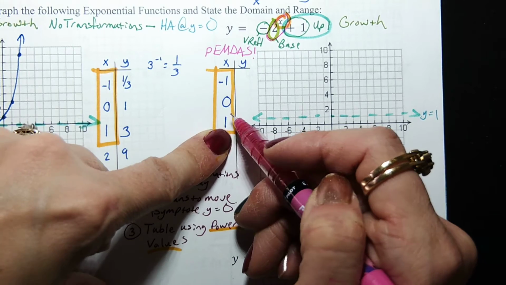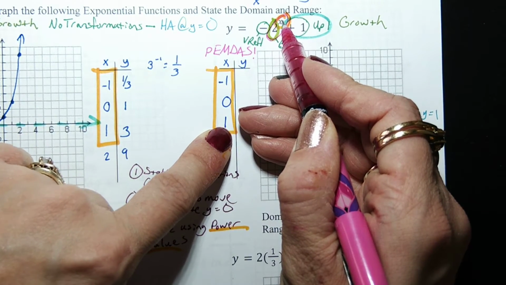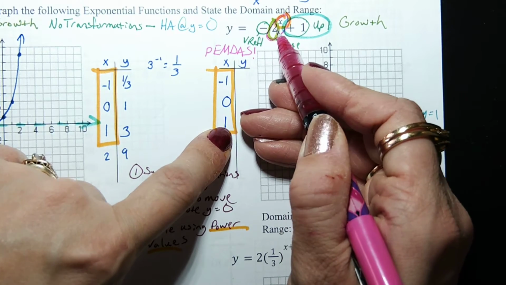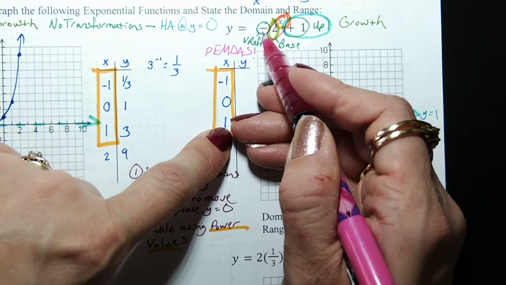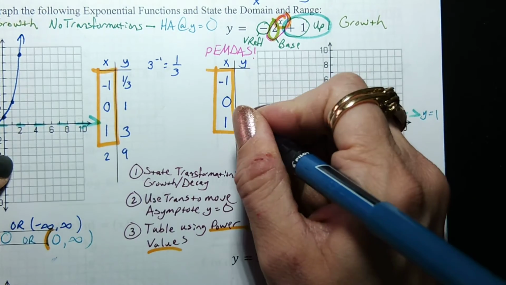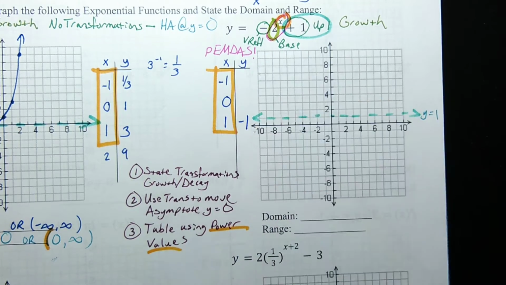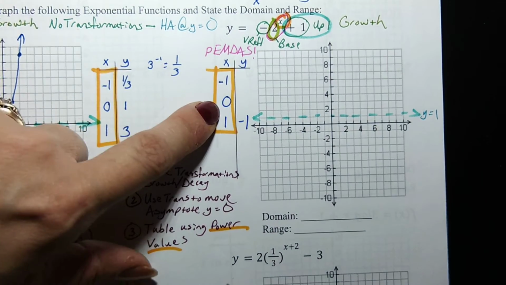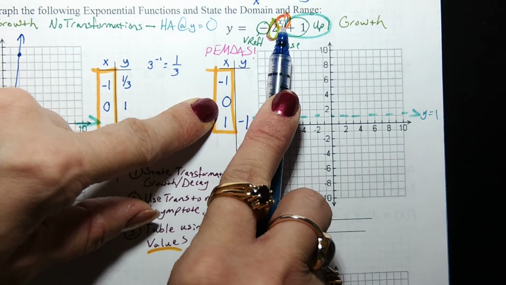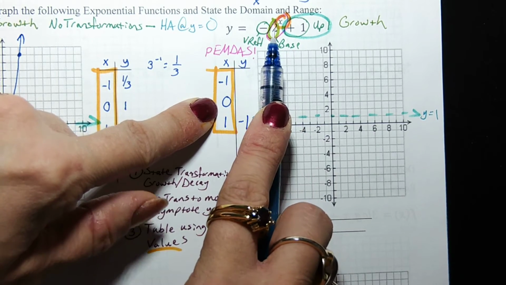So let's not do the -1 first. Let's go ahead and do +1. What's 2 to the first? 2. The opposite of 2 is -2, and then +1 is -1. Exponent, opposite sign, add the 1. Now we'll plug in 0. What's 2 to the 0? 1. The opposite of that, -1.